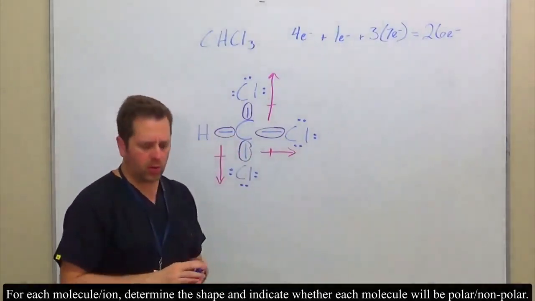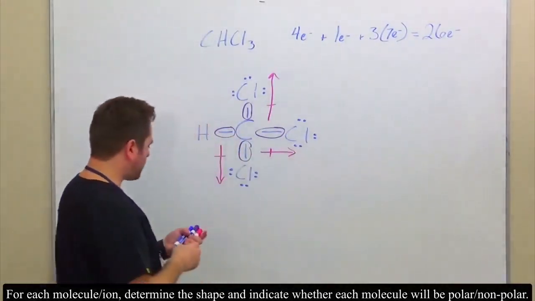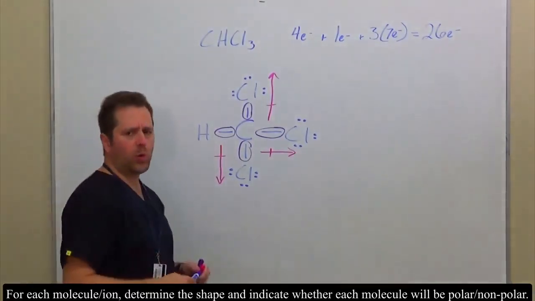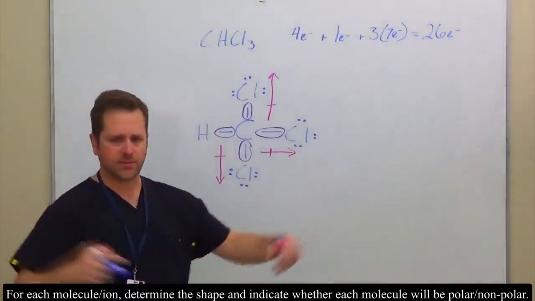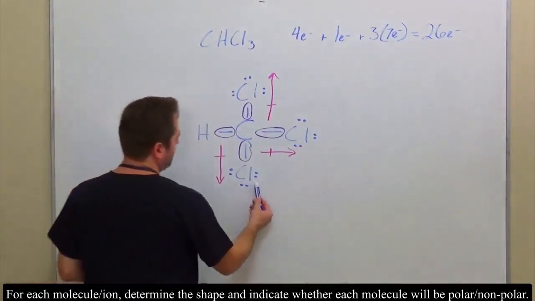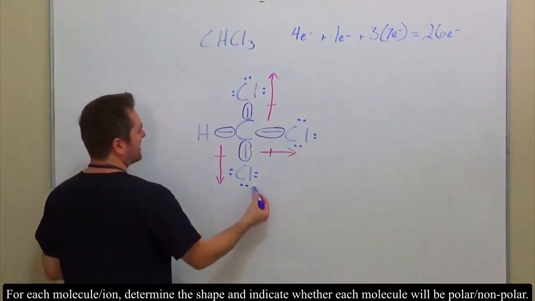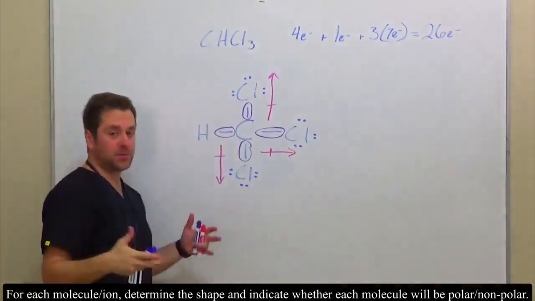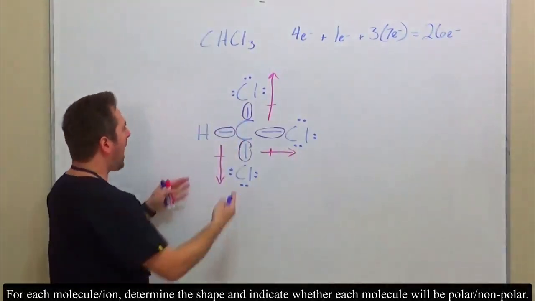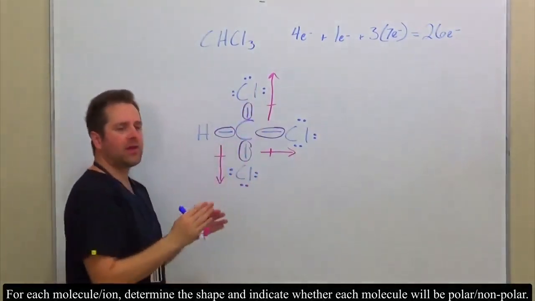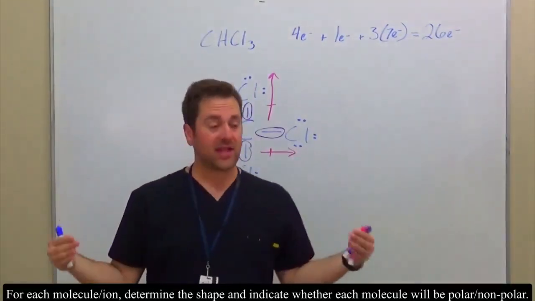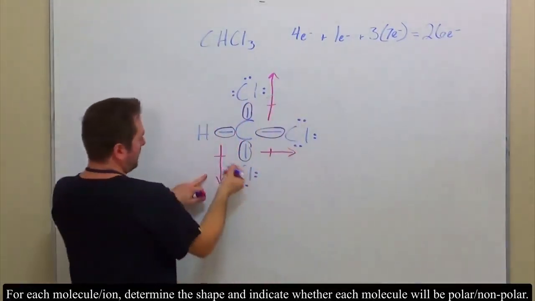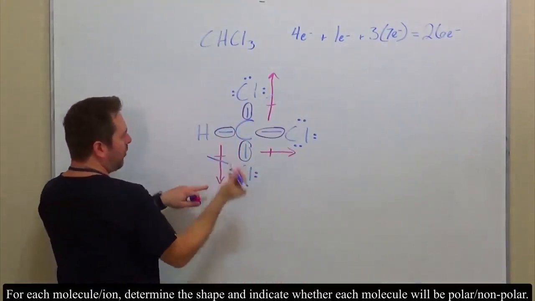Now, is the molecule polar? Let's think about it like a tug of war between two teams. If this team, the chlorine, is equal in strength to this team, which just happens to be the chlorine, how can they overpower the other? The answer is they cannot. So the pull by this one is negated by the pull of that one.